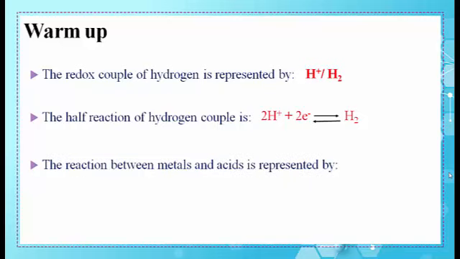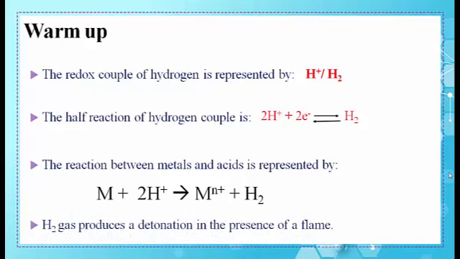We said that the reaction between metals and acids is represented by M, which is the metal, plus 2H plus, which is the acid, react together to produce Mn plus, which is a metal ion, and H2 gas. Also, we said that H2 gas can be identified by producing a detonation or a pop sound in the presence of a flame.